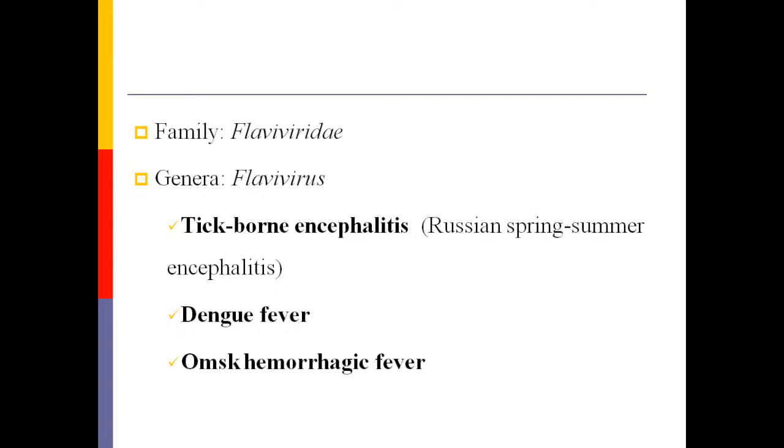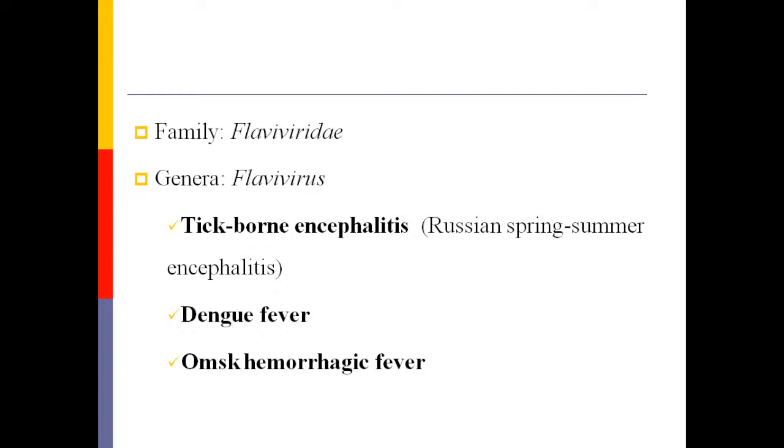The second one is dengue fever, and the third one is Omsk hemorrhagic fever. Please call it correctly: Omsk. It was a great mistake students made a couple of years ago. Omsk is a city in Russia where it was discovered. Omsk hemorrhagic fever.